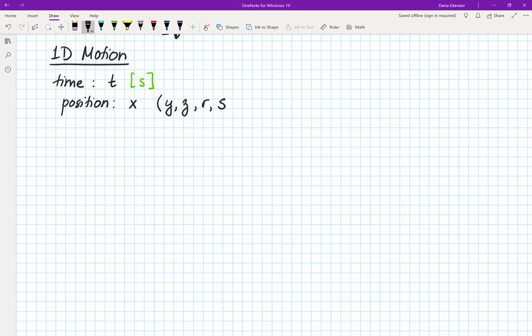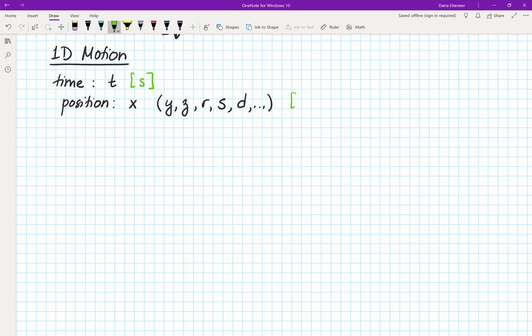R and s are used a lot in calculus as well. I don't recommend using d because it also relates to distance and stuff like that. So try to avoid using d for position. There are other notations as well. Like I said, for the time being, I'm going to just stick with generic x.